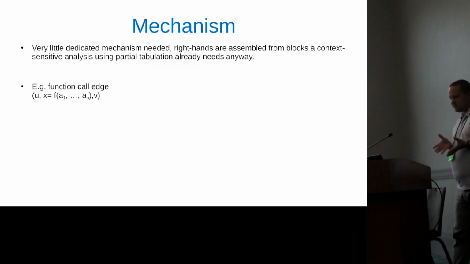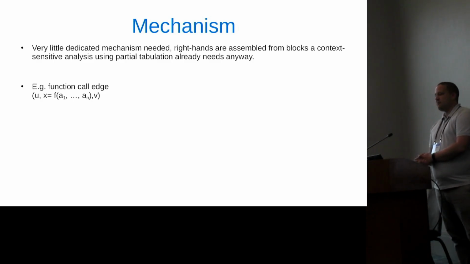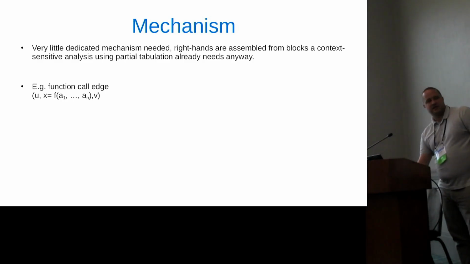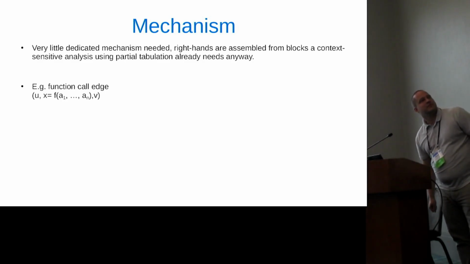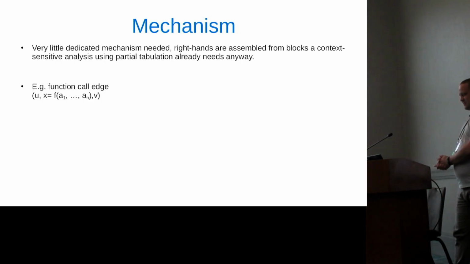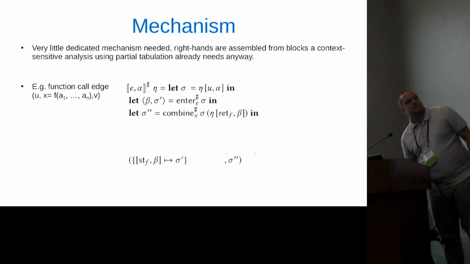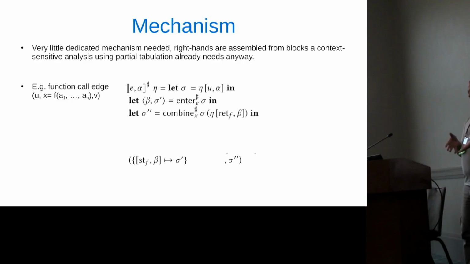Now the mechanism looks maybe a bit complicated, but actually very little dedicated mechanism is needed. And the right-hand sides that we use for this analysis are more or less assembled from blocks the context-sensitive analysis that uses this partial tabulation approach already needs anyway. So for example, this here would be the right-hand side for a function call edge that we sort of already have anyway.